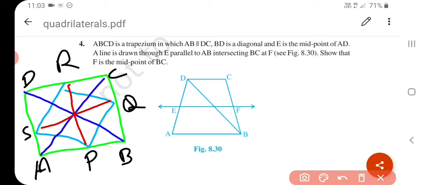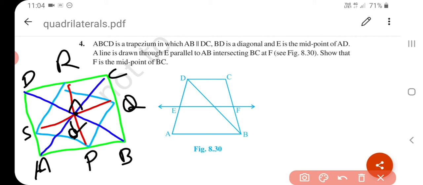So this O point, this one, this is all 90 degrees and this is also 90 degrees. Understand? So COD is equal to EOF. Now in triangle BCD, R and Q are the midpoints of CD and BC respectively.